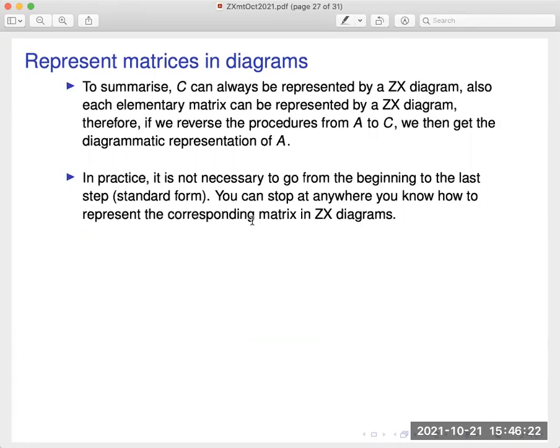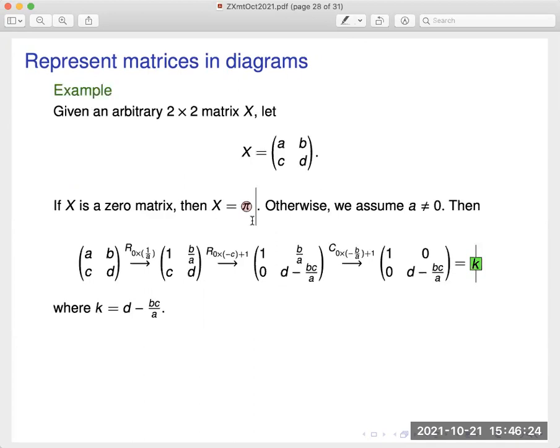So now I give a very simple example of how to do this. Let's consider a 2 by 2 matrix X, with the four elements A, B, C, D. If X is just a 0 matrix, then it's very simple.